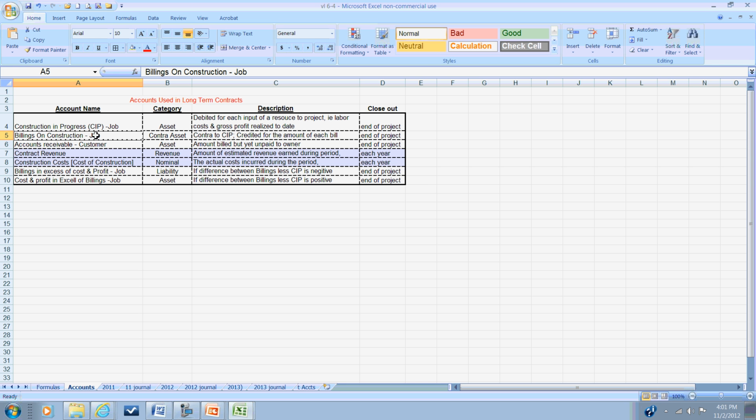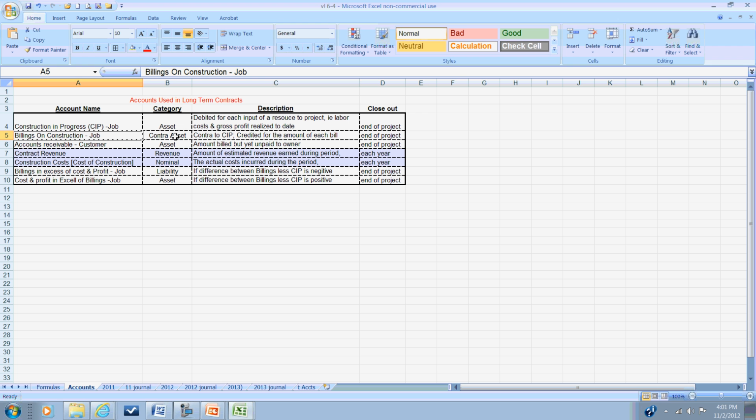This will be maintained for each job that a contractor has. So it, like accounts receivable, is made up of a number of subsidiary accounts, and it will be matched to a particular customer's job. The same is true with construction in progress, by the way. That also is job related.